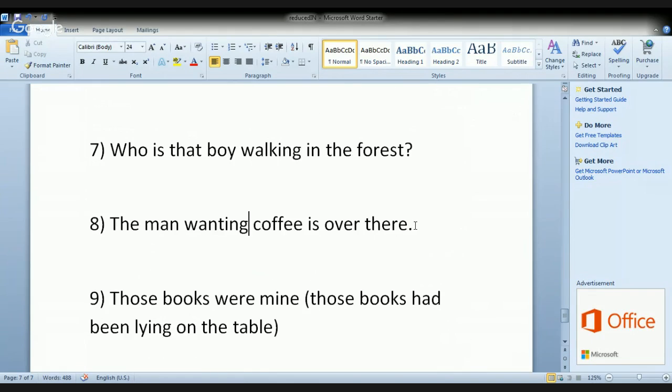Now, normally we can't use the verb want with an ing form, and that's because it's a static verb, a state verb. And I think there's another name for that as well. Because it's not an action word, you can't use the ing form because the continuous tenses are all about action and moving.